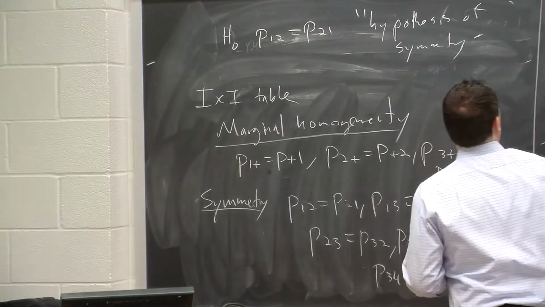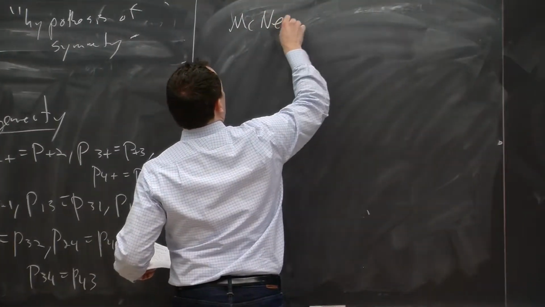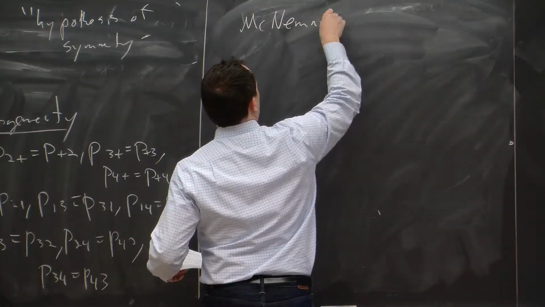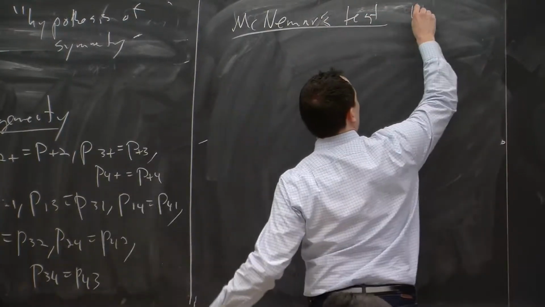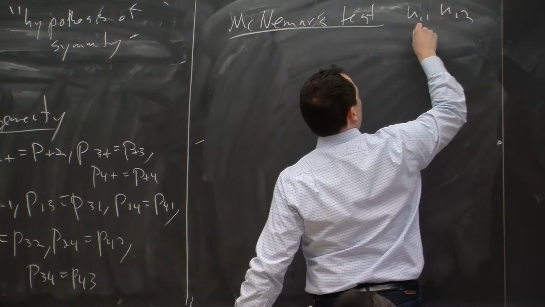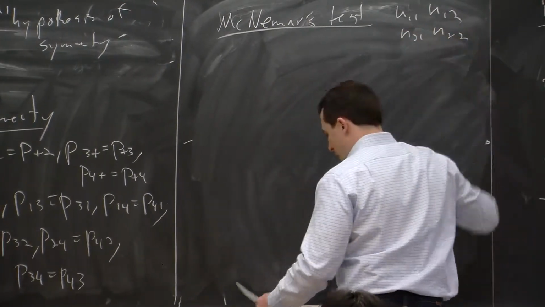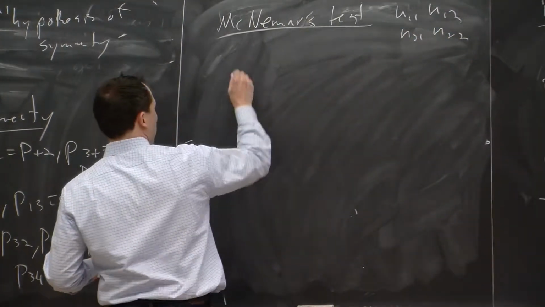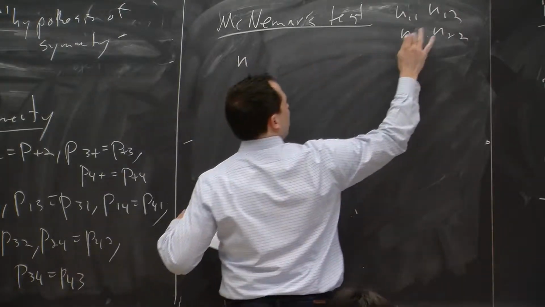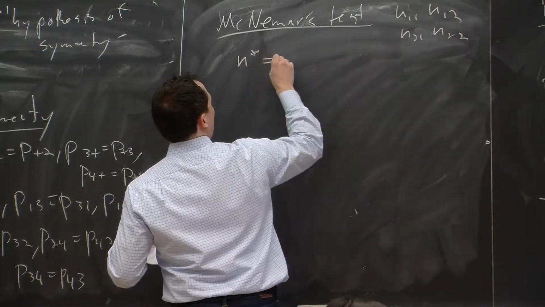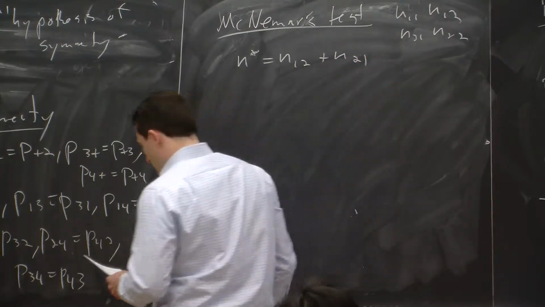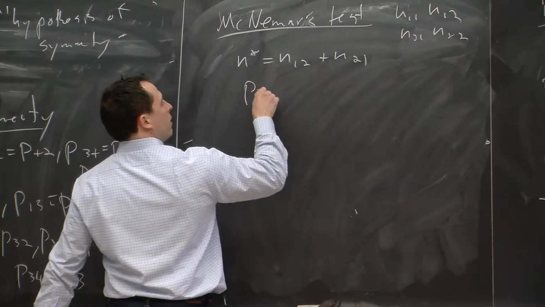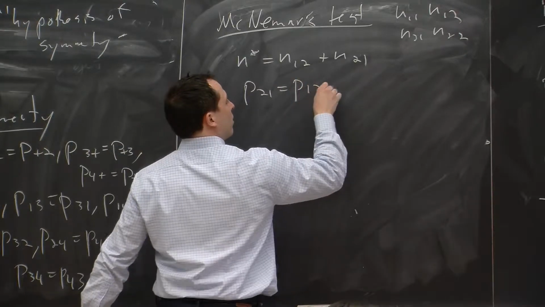So let's look at McNemar's test. So I have a table. I'm interested in only these off-diagonal terms, so I can think of that as my n. And the null hypothesis is P21 equals P12.